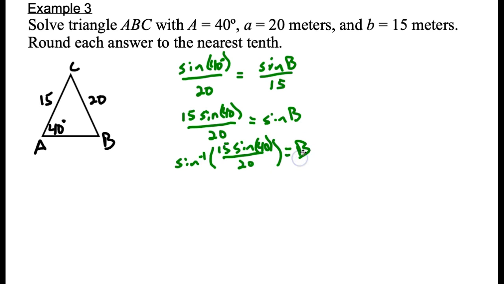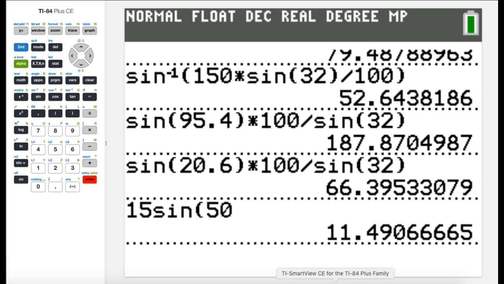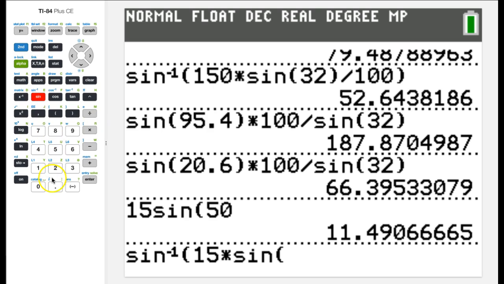So we can just type all of that in. The inverse sine of 15 times the sine of 40, close the parenthesis, all over 20.